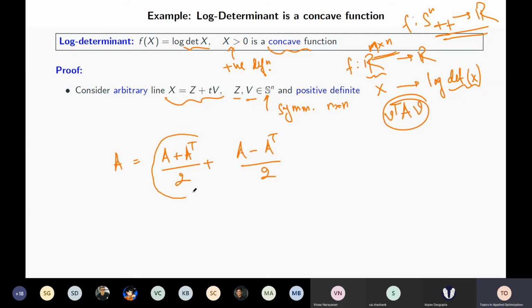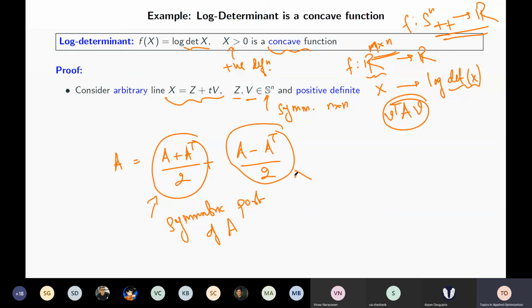So this is the symmetric part of A. So any matrix, let us say non-symmetric now, obviously, because if it is symmetric, then this will get cancelled anyway, and this will just become 1. If it is not symmetric, then this part is not going to cancel. So this part is called the skew symmetric part.